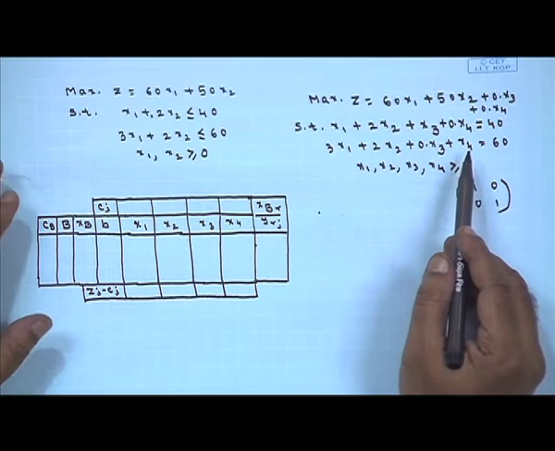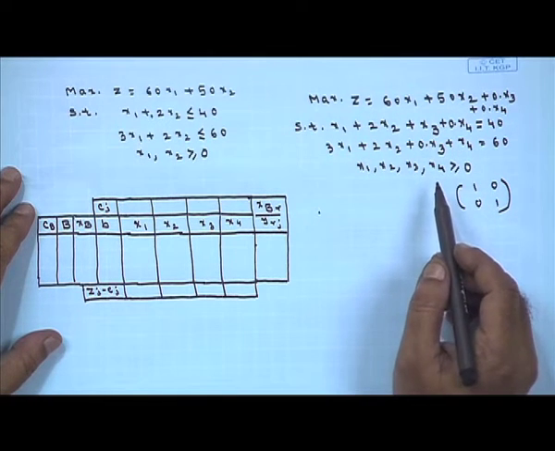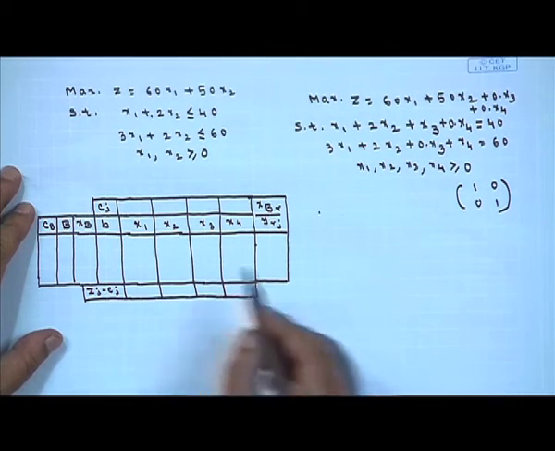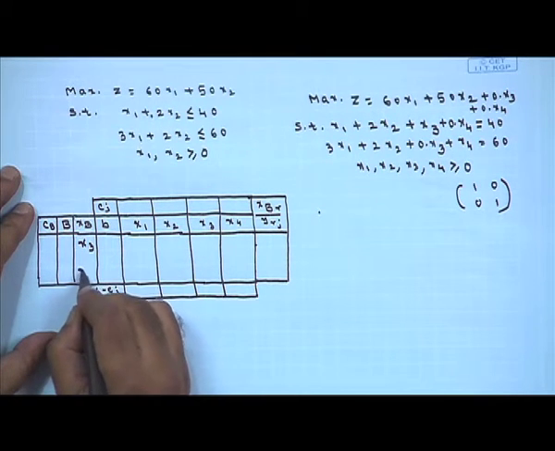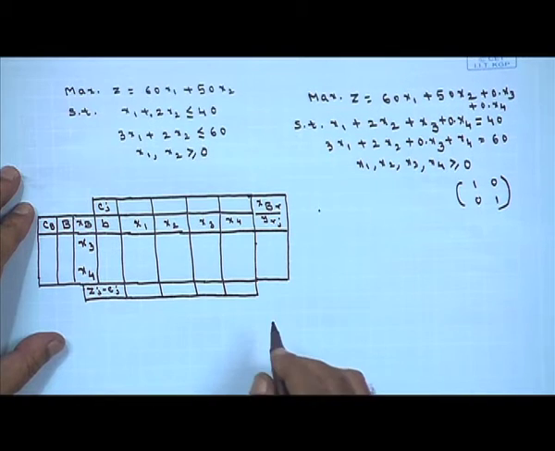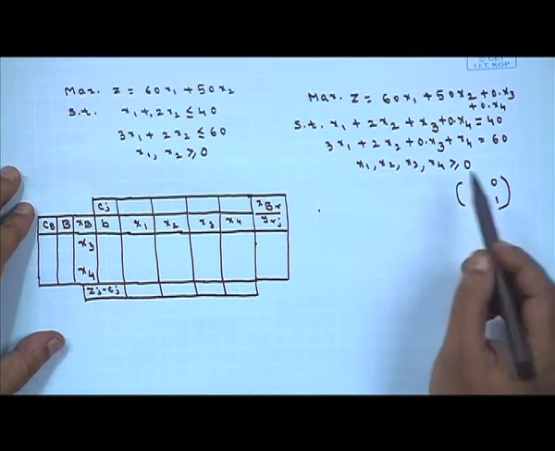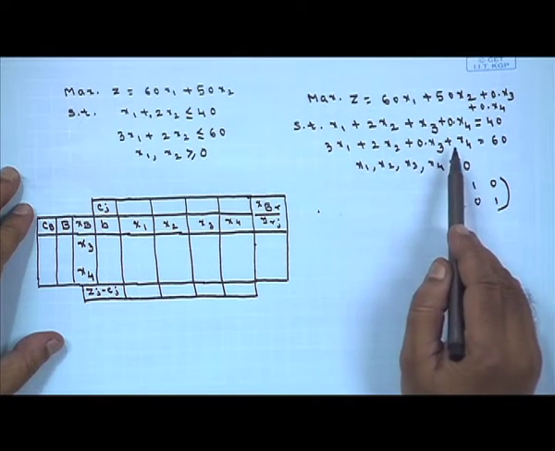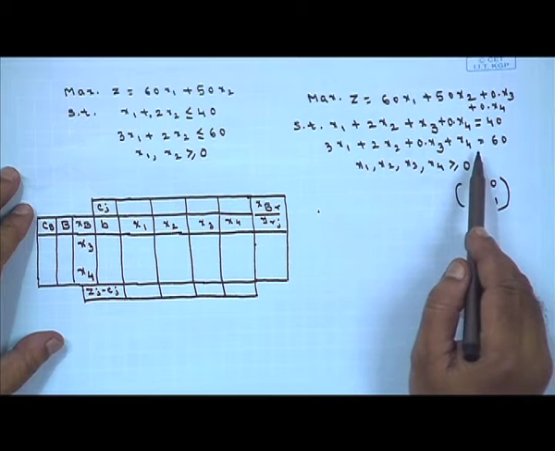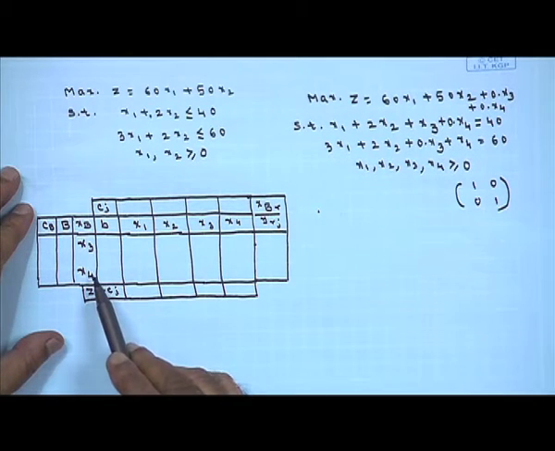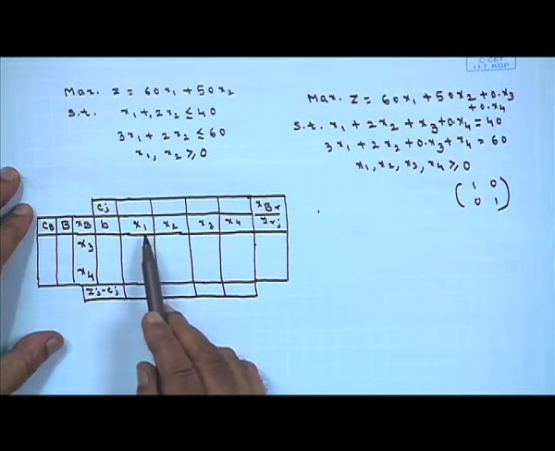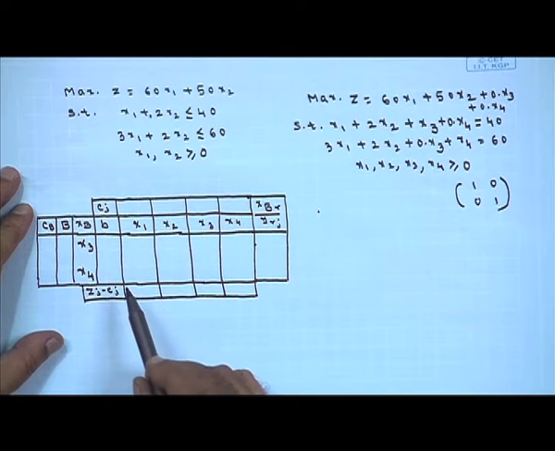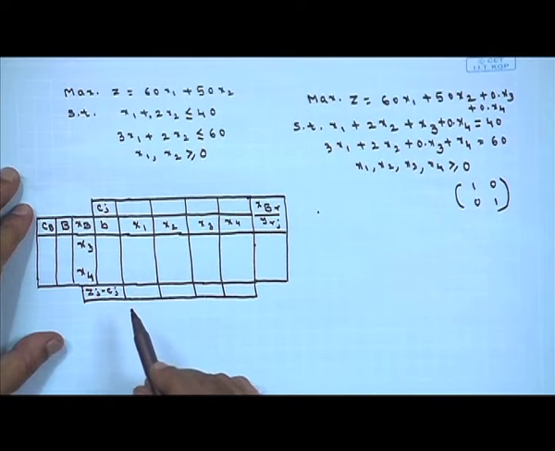Therefore, in your basis the variables will be x3 and x4. So, wherever you are obtaining the unit matrix, the corresponding variables will go into the basis, those will be basic variables, and the other two variables, that is x1 and x2, will be the non-basic variables.